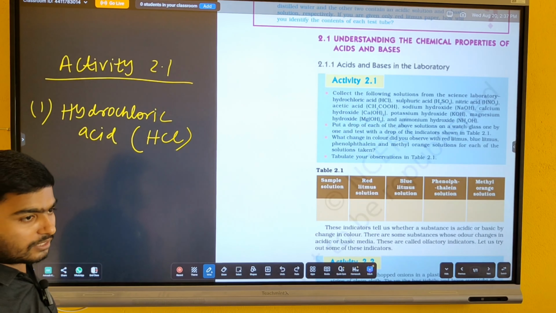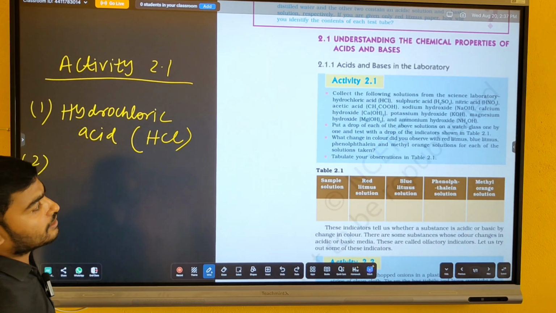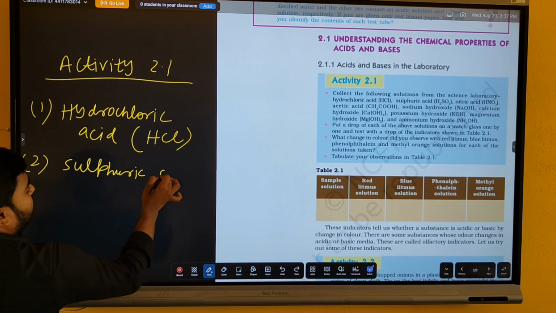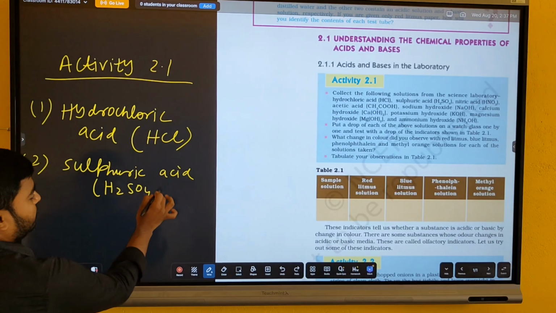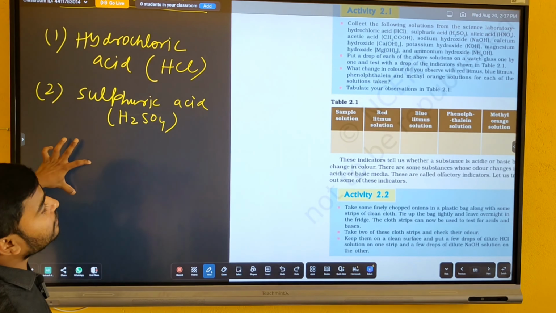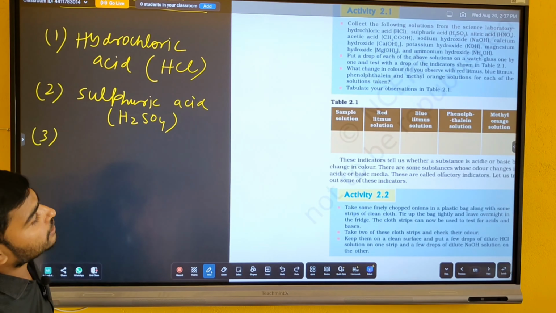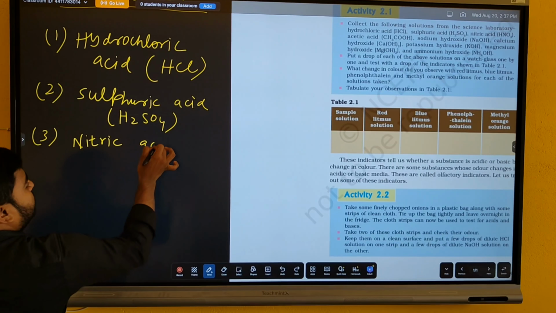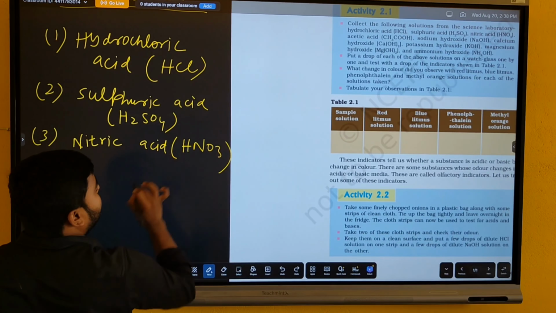Second, sulfuric acid, formula H2SO4. Third, you have nitric acid, HNO3, which we have all discussed many times, so I hope you remember.